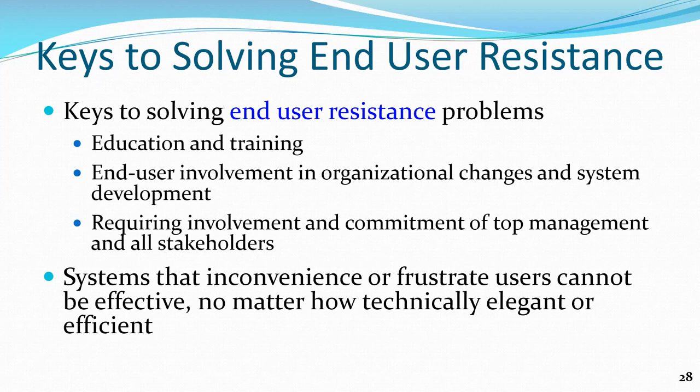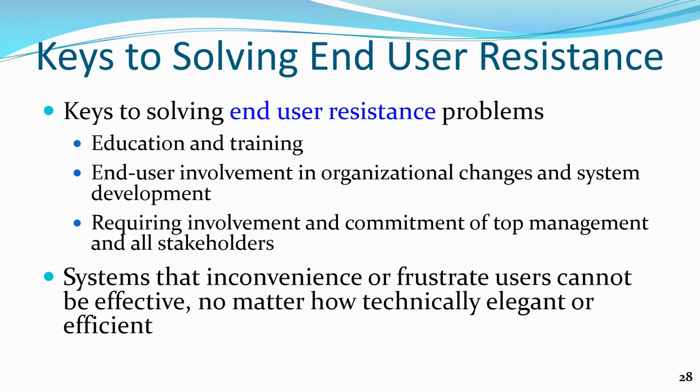A system that inconveniences or frustrates users cannot be effective, no matter how technologically elegant or efficient. So you may be thinking of a nice, latest technology, but if it affects the people who are going to use the system, it will not be effectively used in the organization.